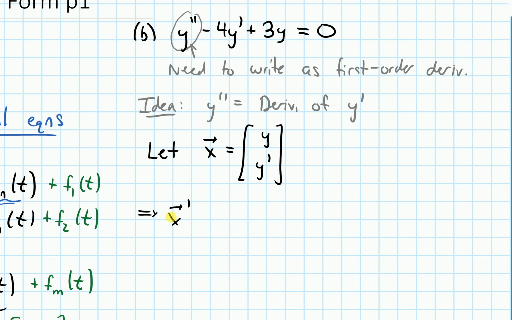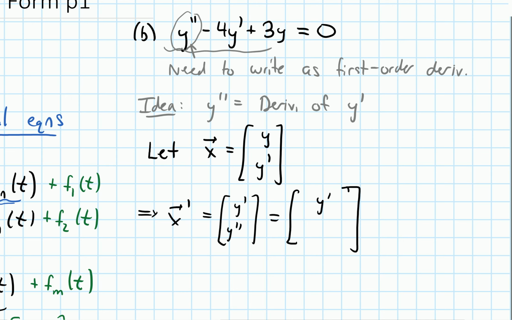The derivative, vector x prime, is going to be, I have to take the derivatives of each of these, y prime and y double prime. All right, so y prime, I'm just going to leave it how it is. For y double prime, I can isolate y double prime in this equation. And if I were to do that, y double prime is 4y prime minus 3y.